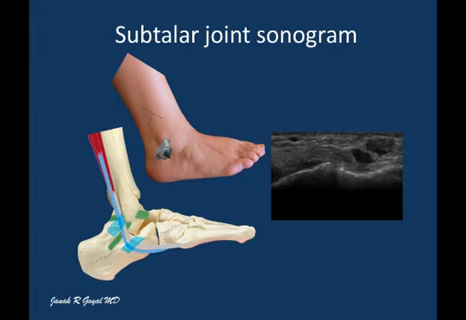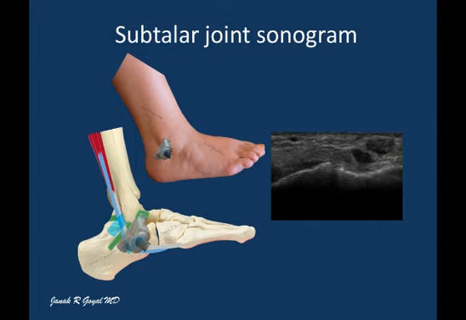To obtain a good sonographic view of the posterior subtalar joint, one end of the transducer is placed just below the lateral malleolus with the foot in slight dorsiflexion, and the other end directed posteriorly towards the heel over the posterior subtalar joint. Here is the placement of the transducer just below the lateral malleolus, crossing over the posterior subtalar joint and the fibularis tendon towards the heel.